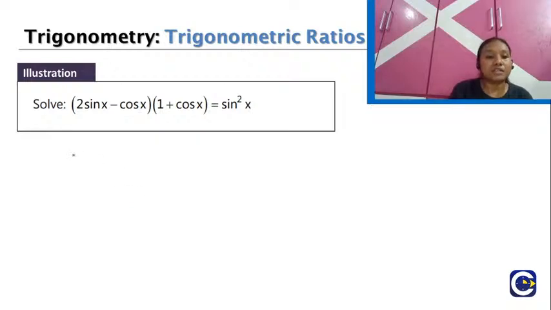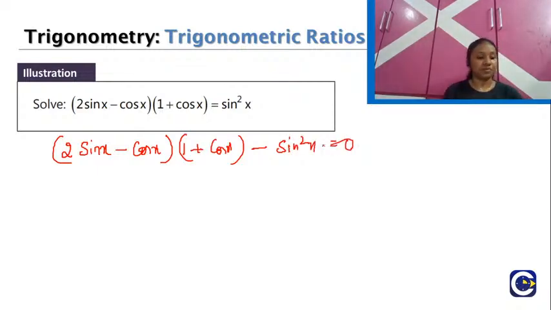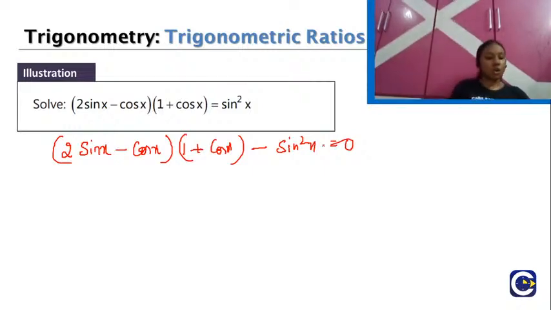So let me rewrite this equation: (2 sin x minus cos x) into (1 plus cos x) minus sin square x is equal to 0. Right. So now what can you do? Can you guys think of it? How can we solve this further?